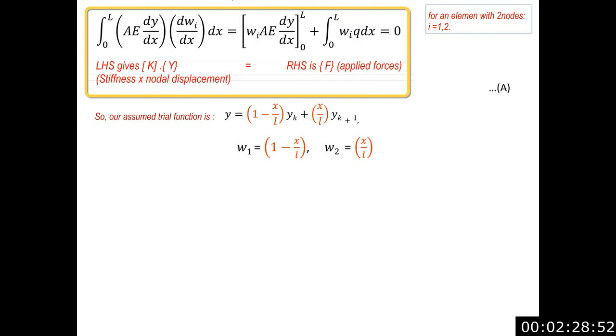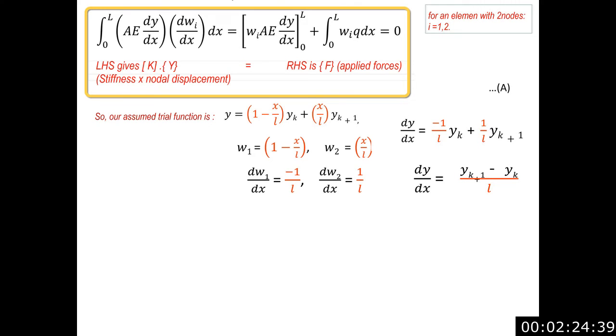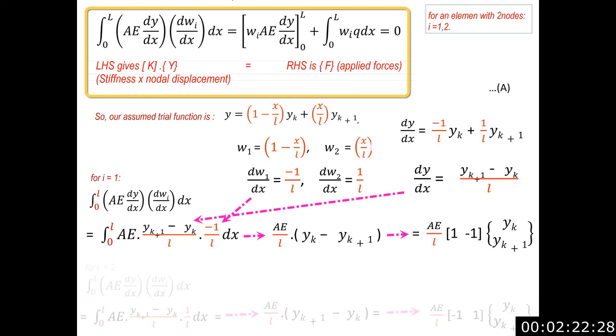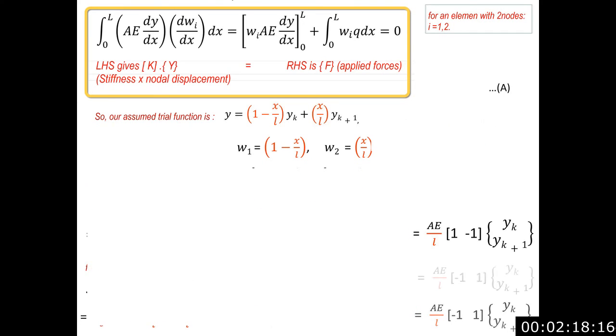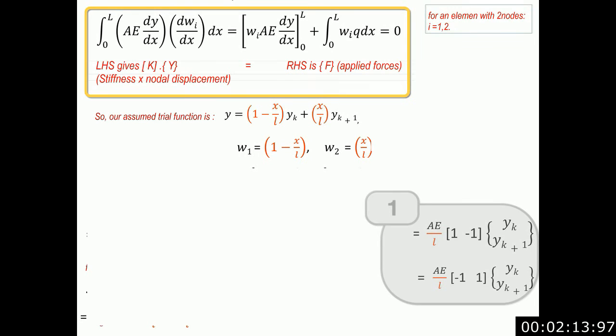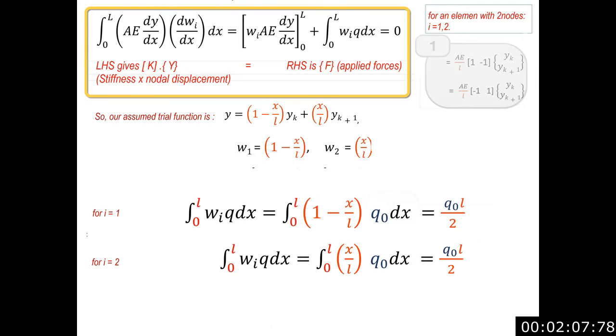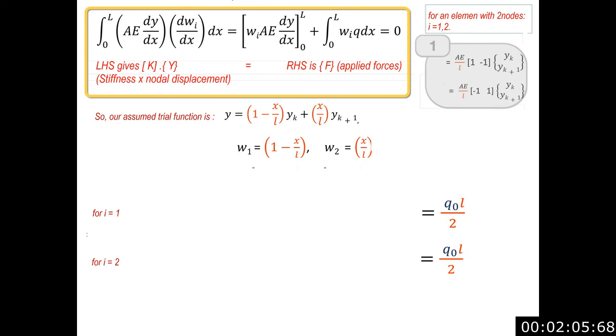Putting back the derivative of the weights and the assumed solution in the weak form equation for each node, we get a set of equations. The first term is the stiffness matrix, which includes geometric and material properties of the elements, and yk and yk plus 1 are nodal displacements. The right hand side term represents the applied nodal forces.